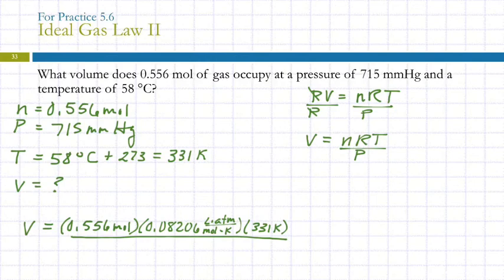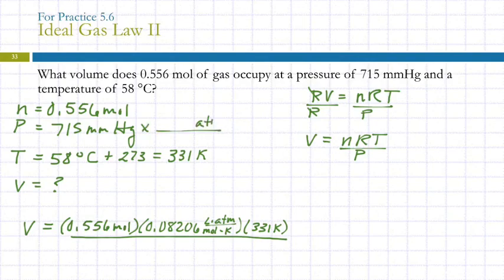Look at the units. The units in the ideal gas constant tell us what the units on the other things have to be. So we've got liters, that's going to be our volume. The pressure needs to be in atmospheres. They gave it to us in millimeters of mercury, so we have to convert. And this is a conversion that you're going to have to do a lot.